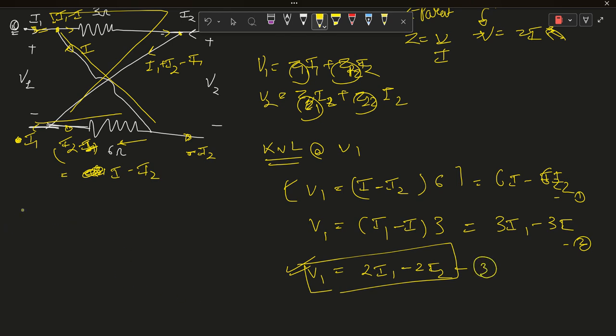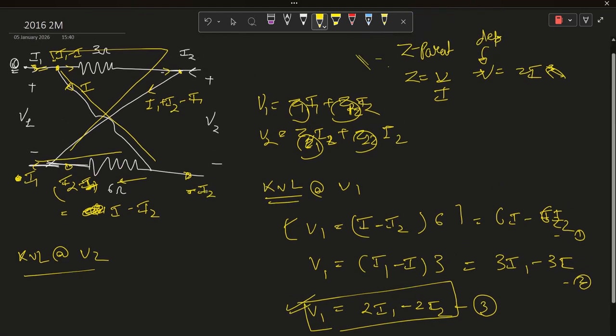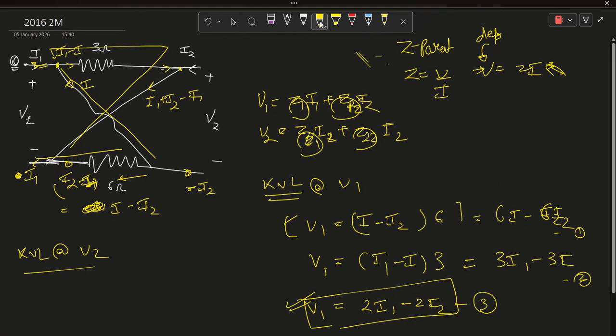Now apply KVL at the V2 node. Following this path, we get V2 equals 6 times (I2 minus I1), as this current is I2 minus I1.